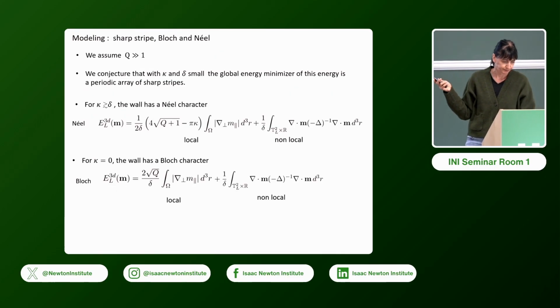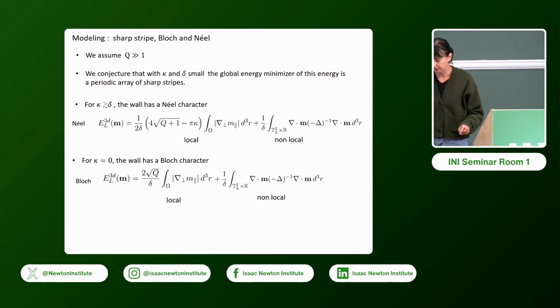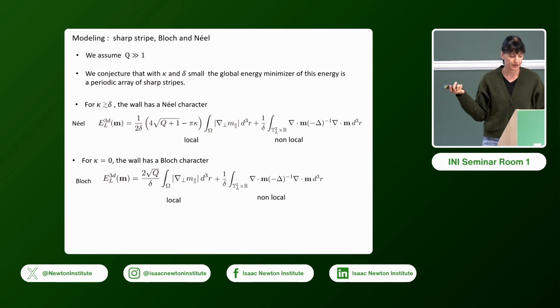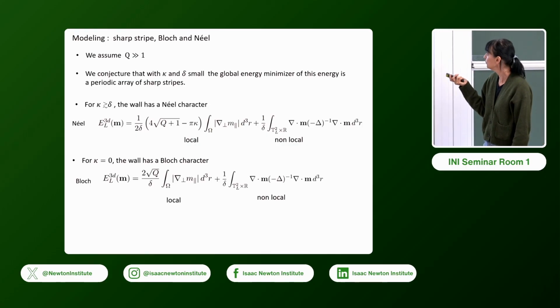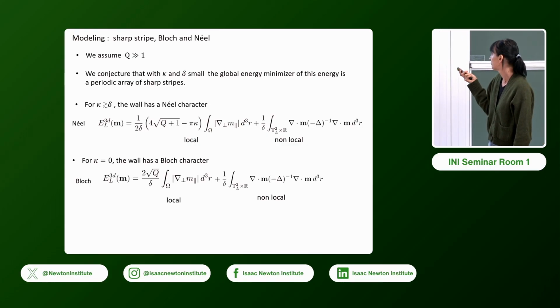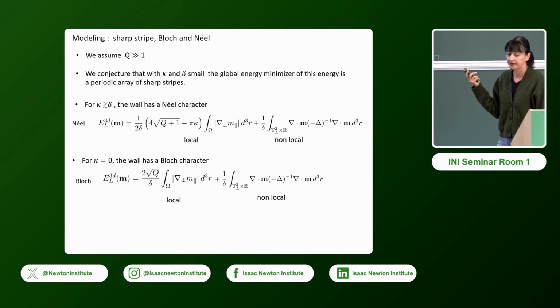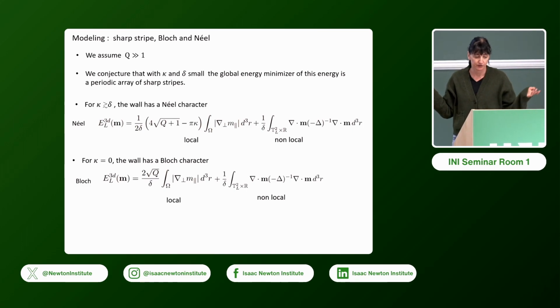So we are going to show a first regime where the walls are sharp, and this is happening when the effective anisotropy is strong, and we conjecture that the global energy minimizer is this periodic array of sharp stripes.